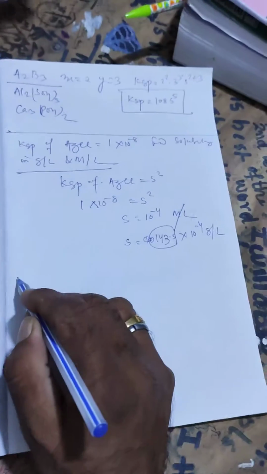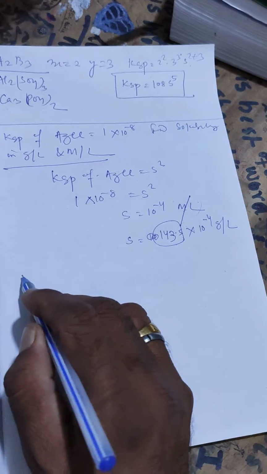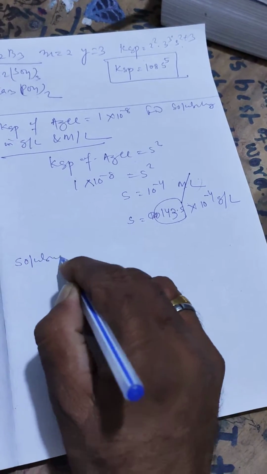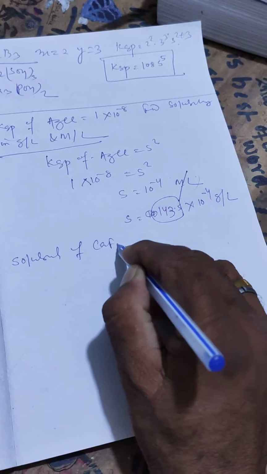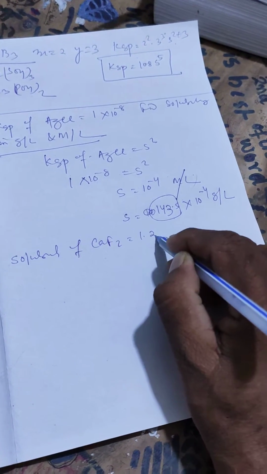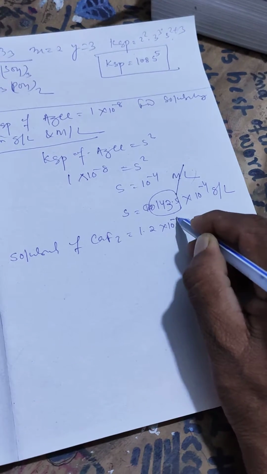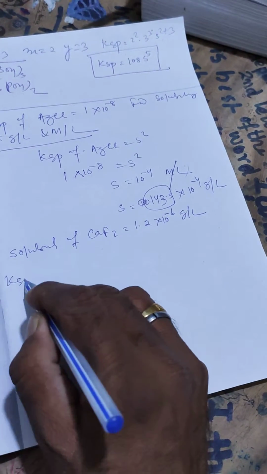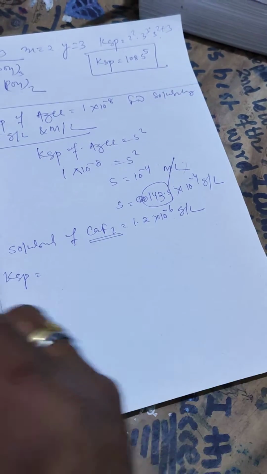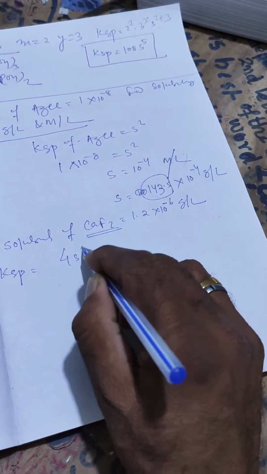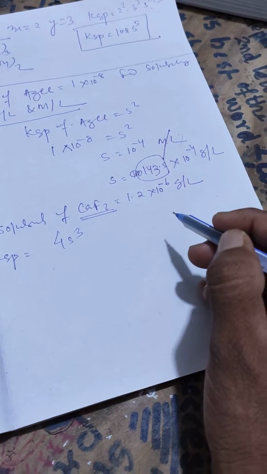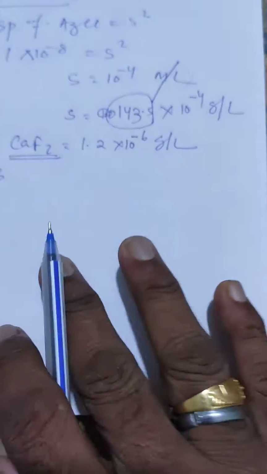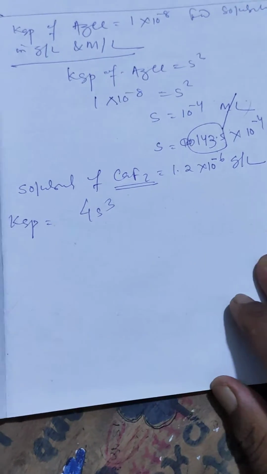So let us take another example, a little bit harder problem we will solve. Let us take the solubility of calcium fluoride as 1.2 into 10 to the power minus 6 gram per liter. So find the Ksp here. For calcium fluoride, you know that 4S cubed will be the relationship.